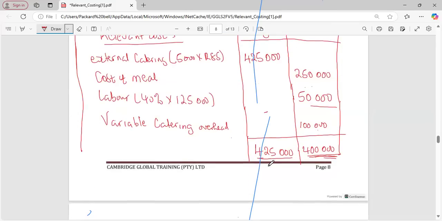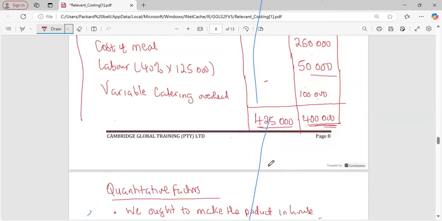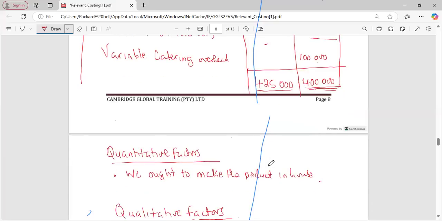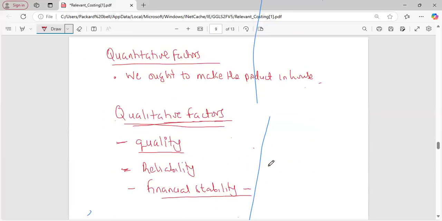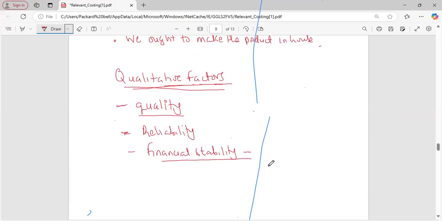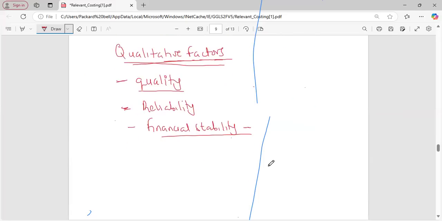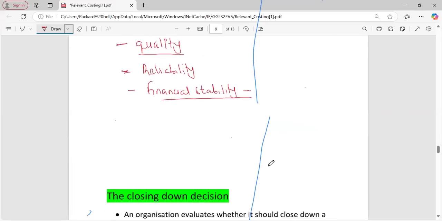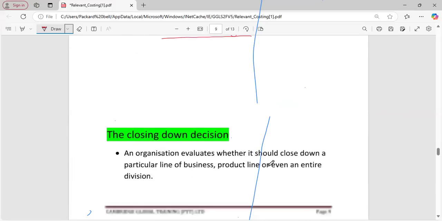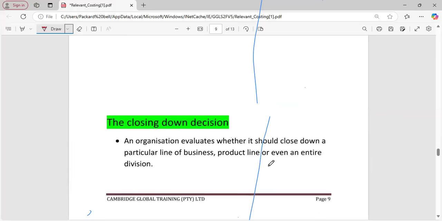If you check the October-November 2024 question paper, I think it's question 1, number 3. You'll see that there's a question on relevant costing there. The first one was transfer price, if I'm not mistaken. Then the third one is just relevant costing. Check on that one.